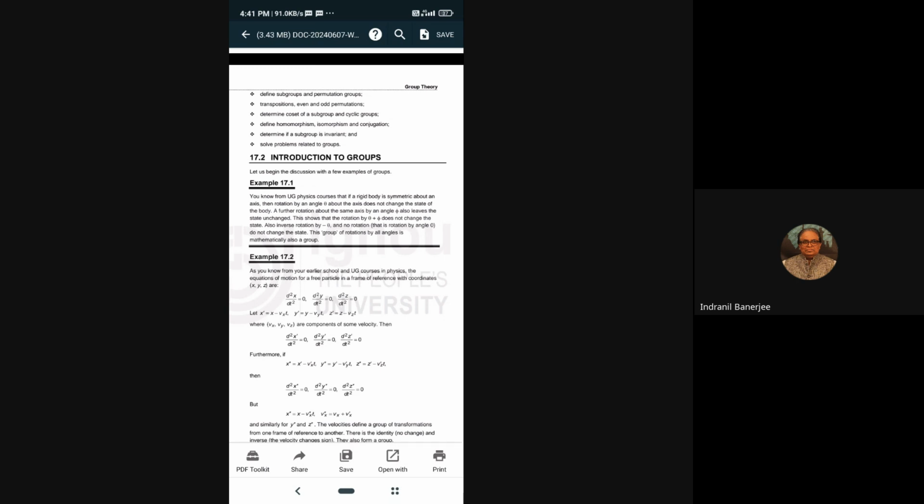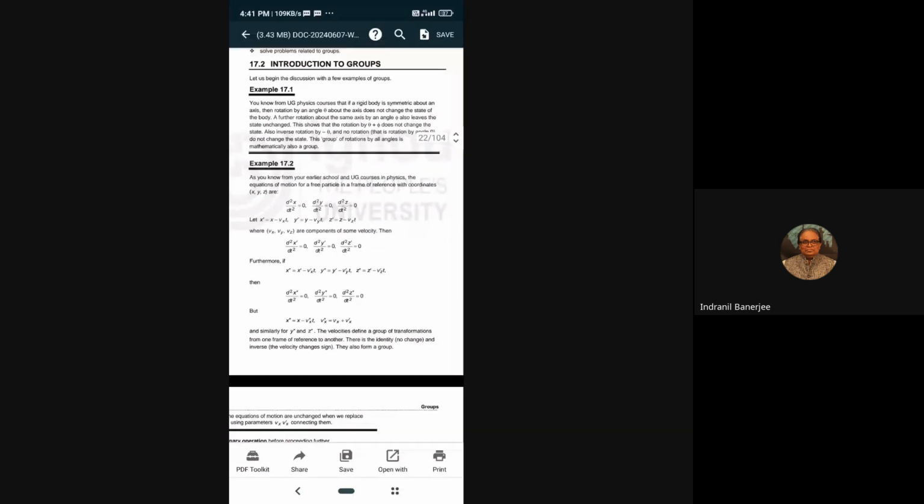So this forms a group. Your rotation by theta, then by phi, and so on, does not change the state of that body. So a single rotation or double rotation or rotating thrice by any angle will form a group. Okay.